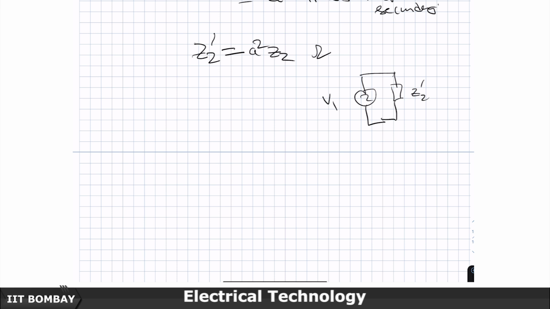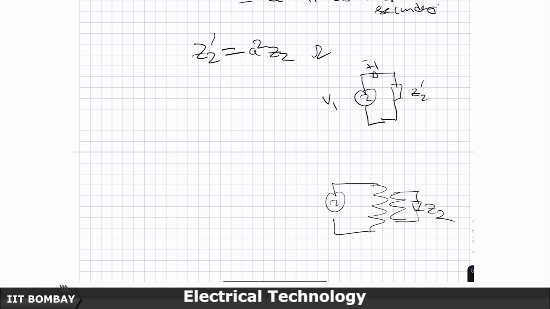Once I do this, I can eliminate the ideal transformer. The current drawn is going to be the same. So, I can eliminate the ideal transformer altogether. Measurement instrumentation wise, if the primary was connected to this value, it is the same as having a transformer which is connected with Z2.